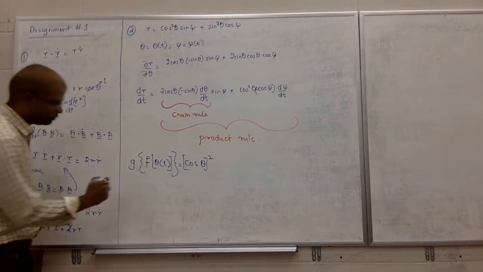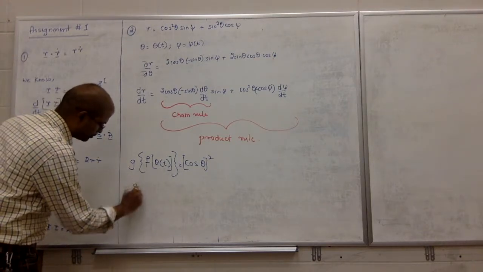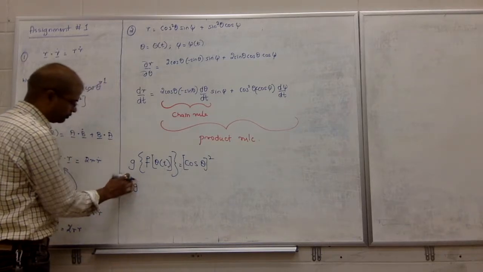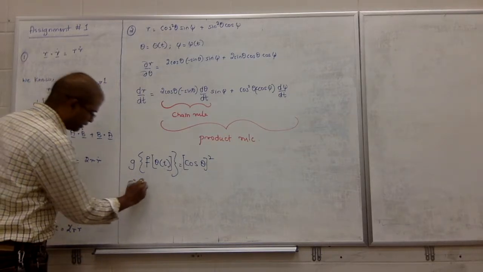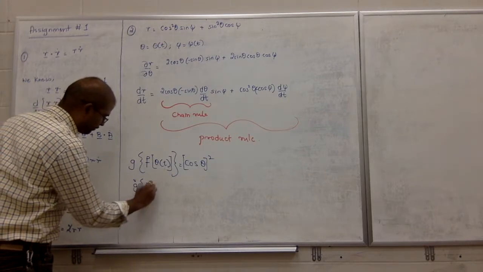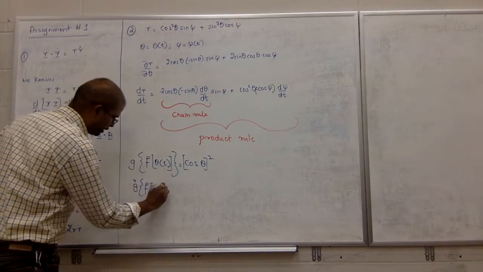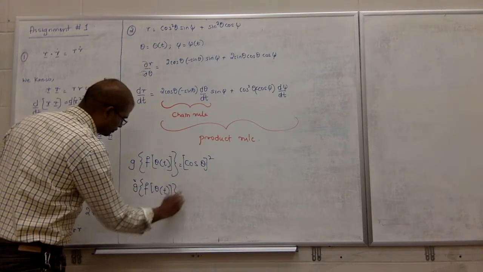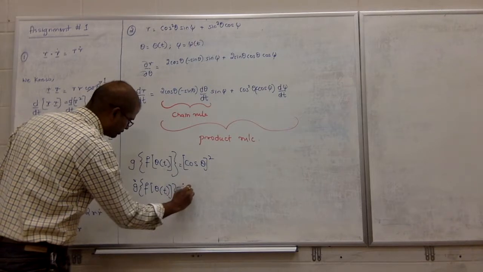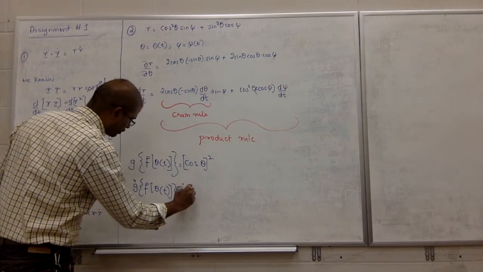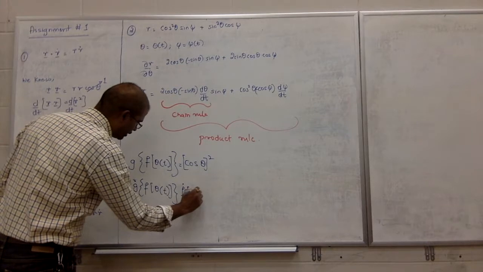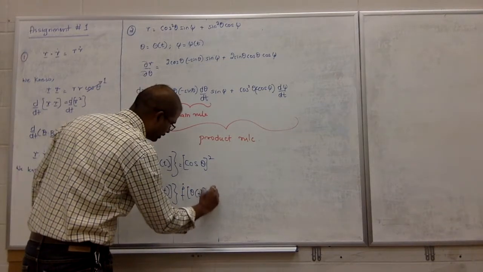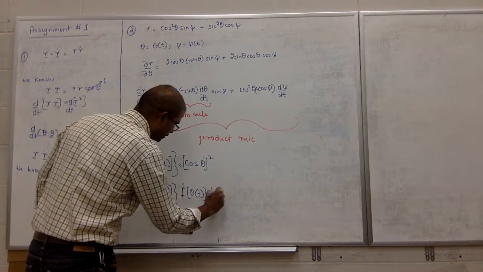You do G dot, G prime, we use G dot here, okay, of F of theta of t, right? F dot or F prime, whatever you want to call it, of theta of t, multiplied by theta prime of t.